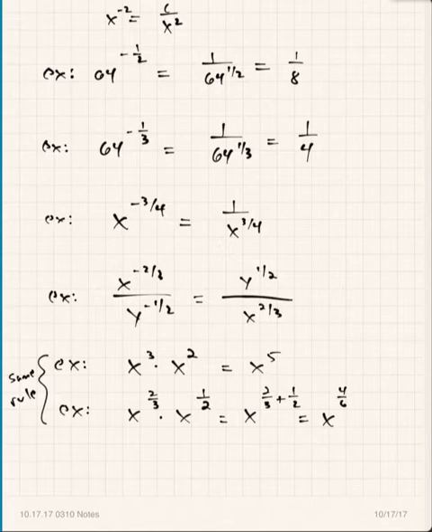So you have 4/6 plus 3/6, right? 2/3 is 4/6 and 1/2 is 3/6. And so you end up with x to the 7/6 at the end, like that. You just add the exponents, right? So that rule is exactly the same as what you've seen in the past, but it's complicated by the fact that you need to get a common denominator on the exponents.